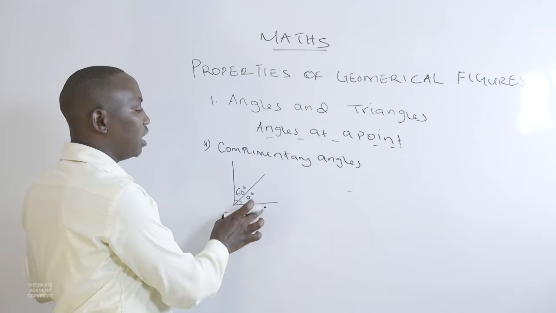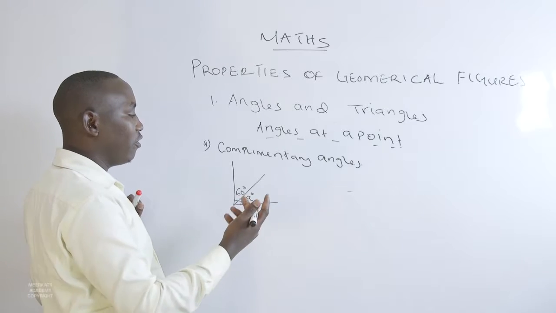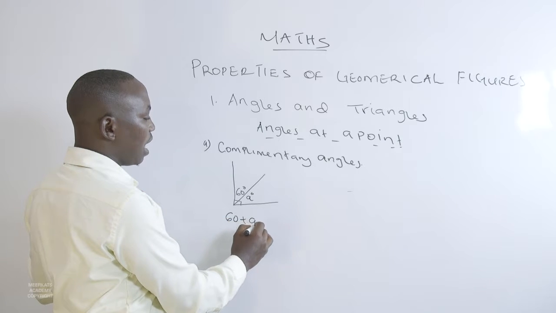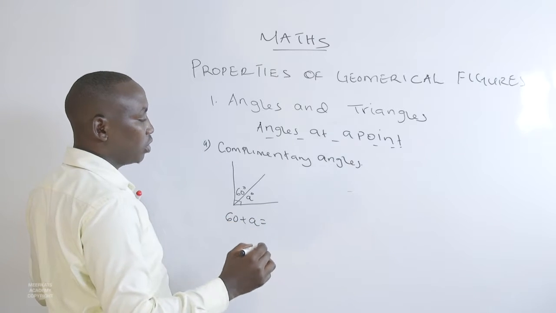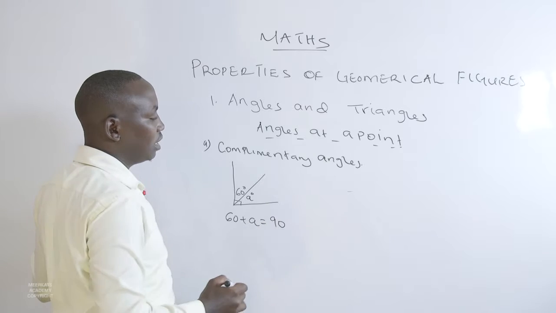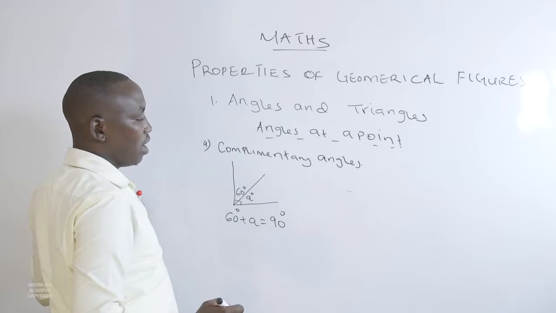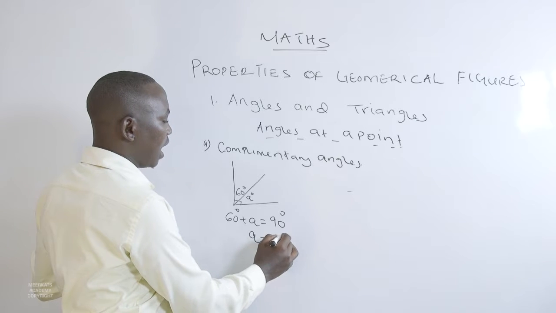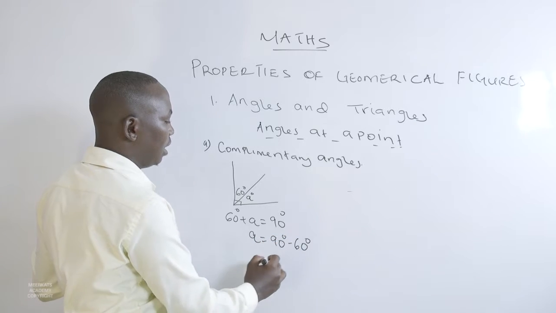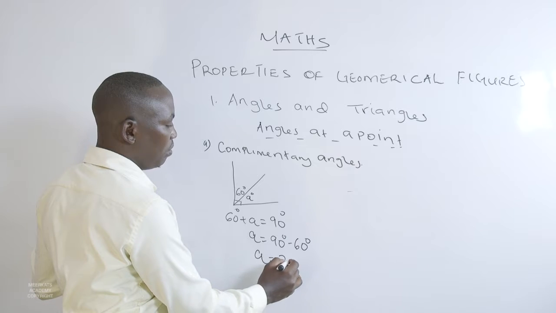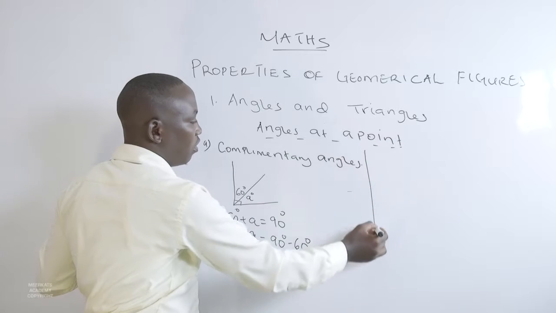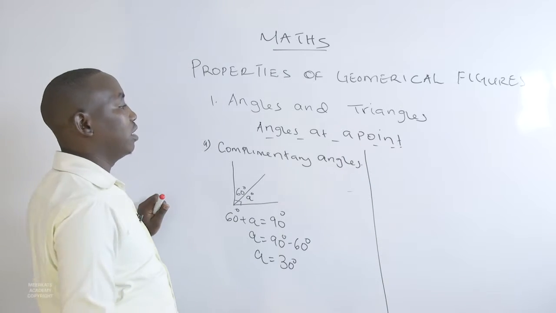Therefore, to get the value of A, you sum up 60 plus A to give a total of 90 degrees. You collect the like terms together. A will be equal to 90 degrees minus 60 degrees, and therefore A will be equal to 30 degrees. So that is the case of complementary angles.